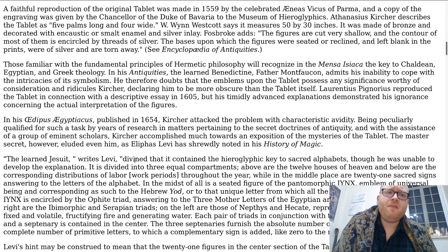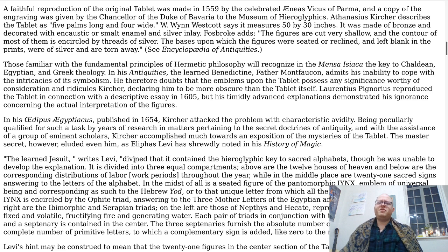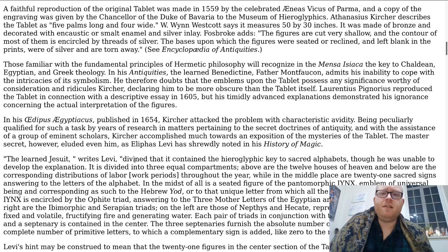It was made of bronze and decorated with encaustic or smalt enamel and silver inlay. Fosbroek adds, the figures are cut very shallow, and the contour of most of them is encircled by threads of silver. The bases upon which the figures were seated or reclined and left blank in the prints were of silver and are torn away.